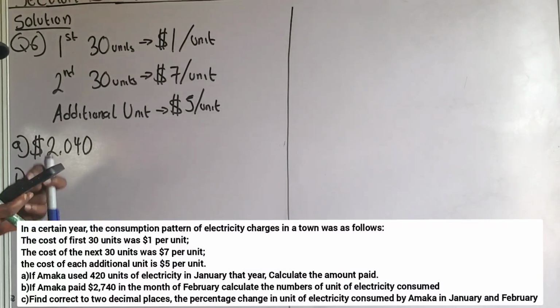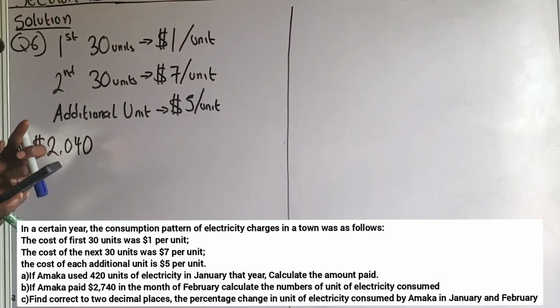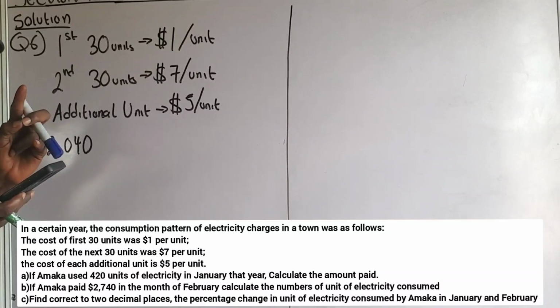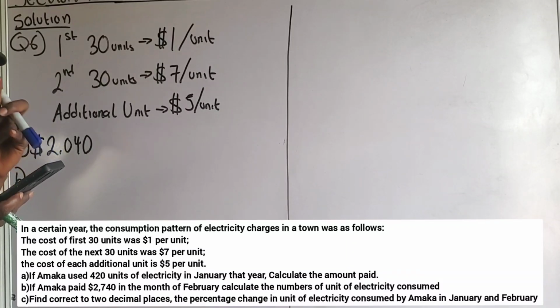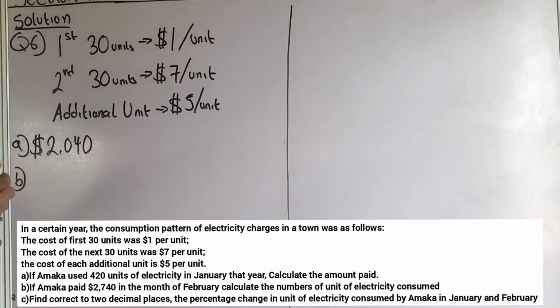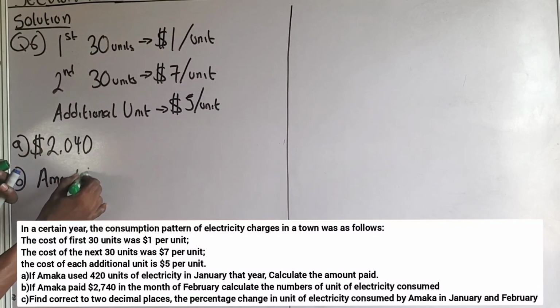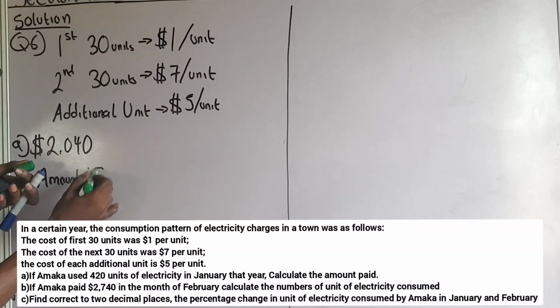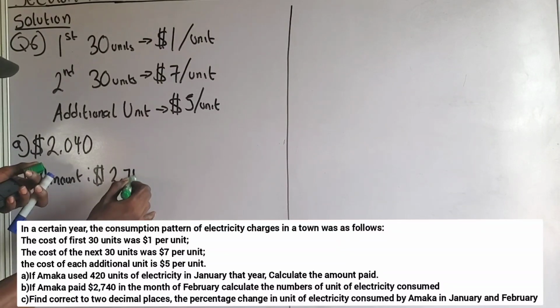If Amaka paid $2,740 in the month of February, calculate the number of units of electricity that she consumed. Okay, the amount paid by Amaka in the month of February is $2,740.